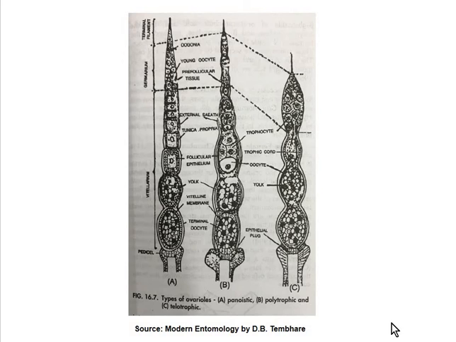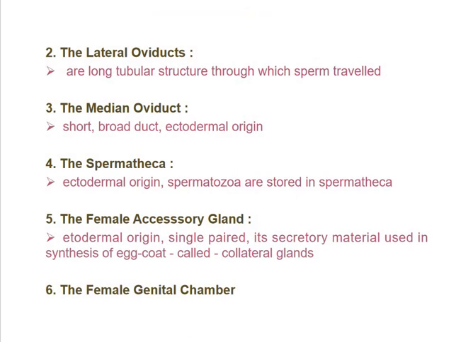Now, we come to the next part of the female reproductive system, the lateral oviduct. The lateral oviducts are longer tubular structures of mostly uniform diameter.